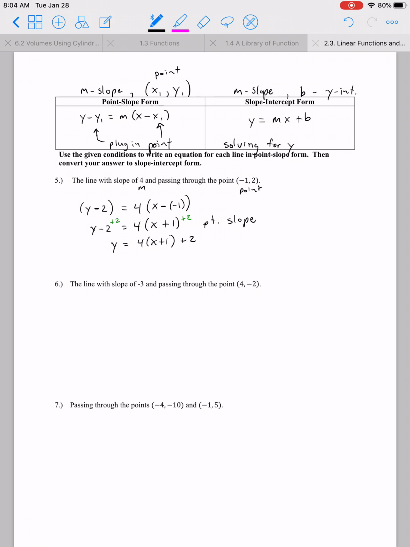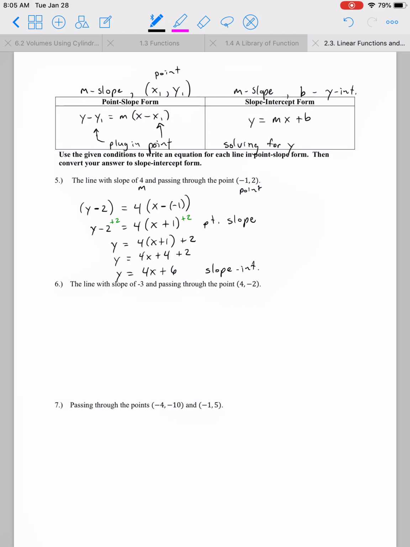If I distribute this, I will get y equals 4x plus 4, so I multiply that 4 through, plus 2. And then I just combine the like terms. y equals 4x plus 6. And this is our slope-intercept form. Okay, so we have our two forms there.